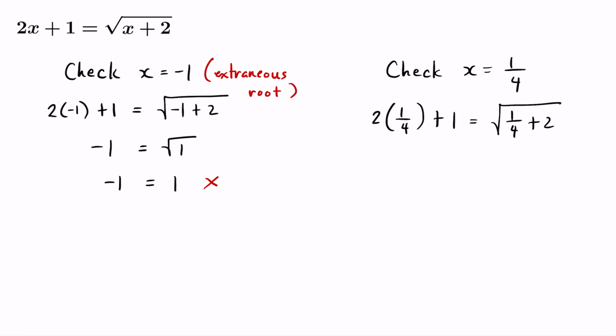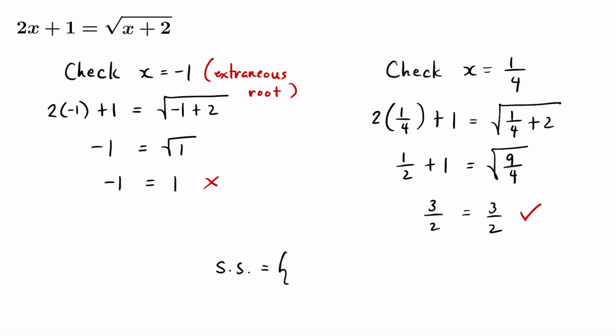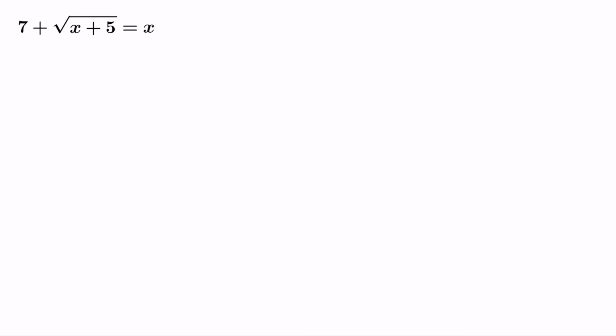This will give us 1/2 plus 1 equal to the square root of 9/4. So this is 3/2 equal to 3/2. Therefore, x = 1/4 is a solution to our equation. So our final answer, if we're going to write down our solution set, is the set containing this solution, 1/4.